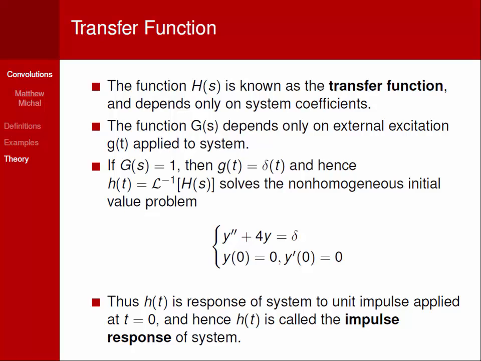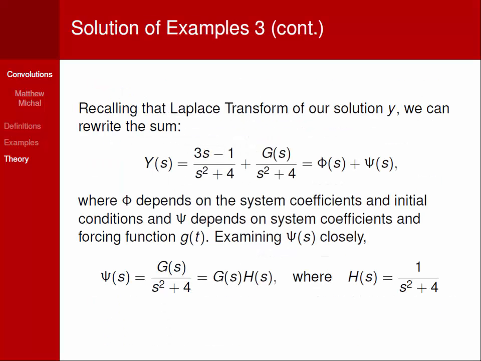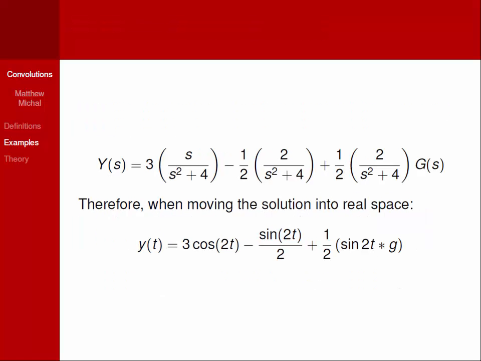And because of that, we will frequently convolve your forcing term with your unit response, which is exactly what we did earlier, right? My h(t), which was 1/2 sine of 2t, I convolved with my g, whatever my forcing term is.